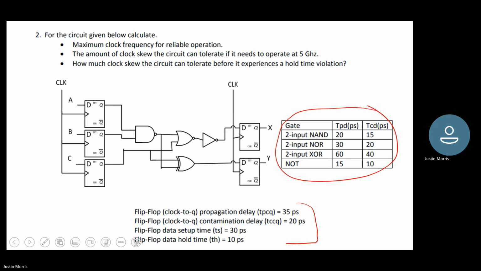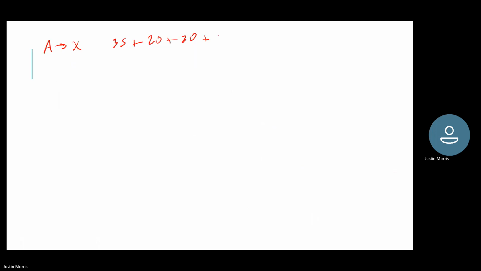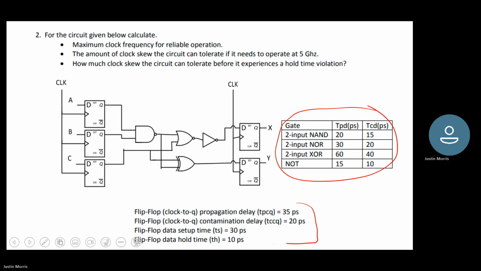And then our NOT is 15. And then what's the last thing I need to include? The setup time. Setup time is 30. So this is for the path A to X. What is this? I have that it's 130. Is that right?